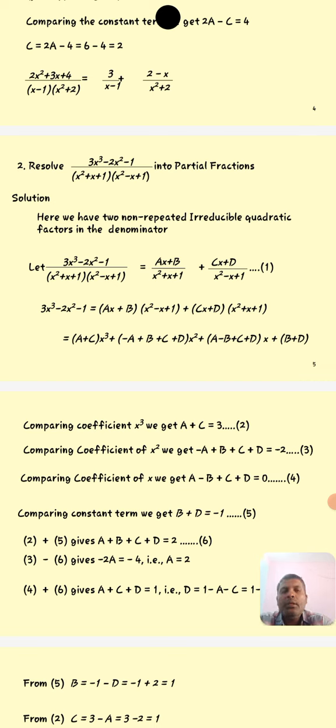So whenever the quadratic factor format is there, how to write the partial fraction format? We write (ax plus b) divided by (x square plus x plus 1), plus, for the other factor, (cx plus d) divided by (x square minus x plus 1).